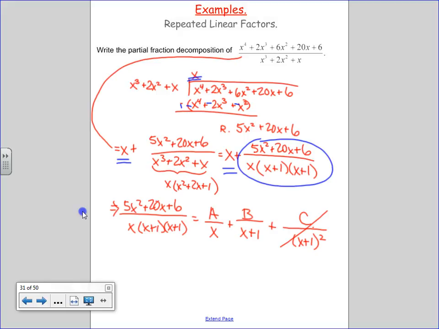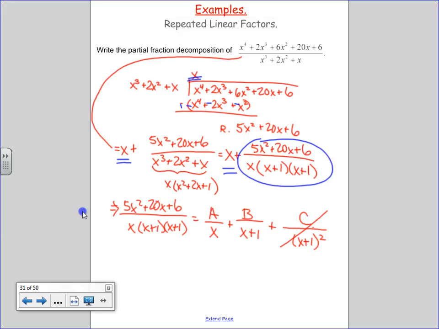However, I have x plus 1 squared. Now, I could do B over x plus 1 plus C over x plus 1, but they're the same thing, so I could just put it together and make it one number. So I said, okay, there could be two separate x plus 1s, but why not just put those together in a common denominator? They wouldn't be separate, they would be together.